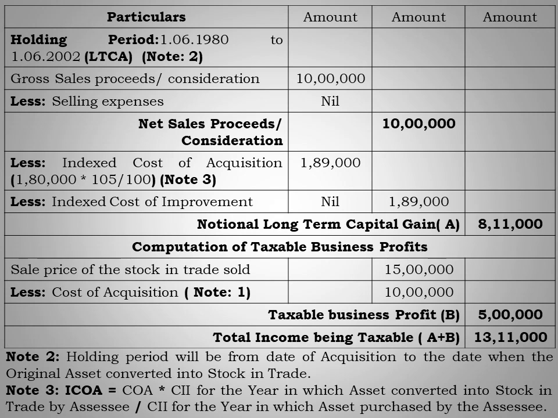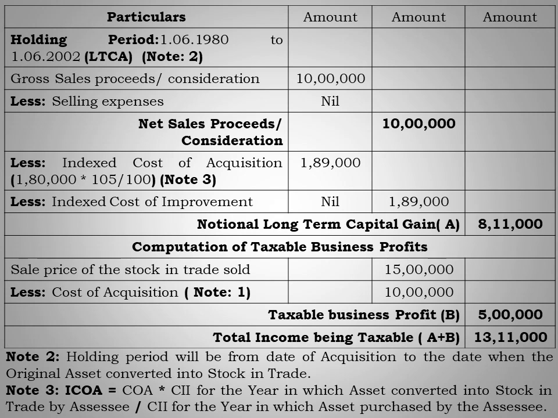So there is an absence of information. For that purpose we are going to consider the base year index as the denominator here. Therefore 1,80,000 multiplied by 105 divided by 100 comes to rupees 1,89,000, which will be the indexed cost of acquisition.